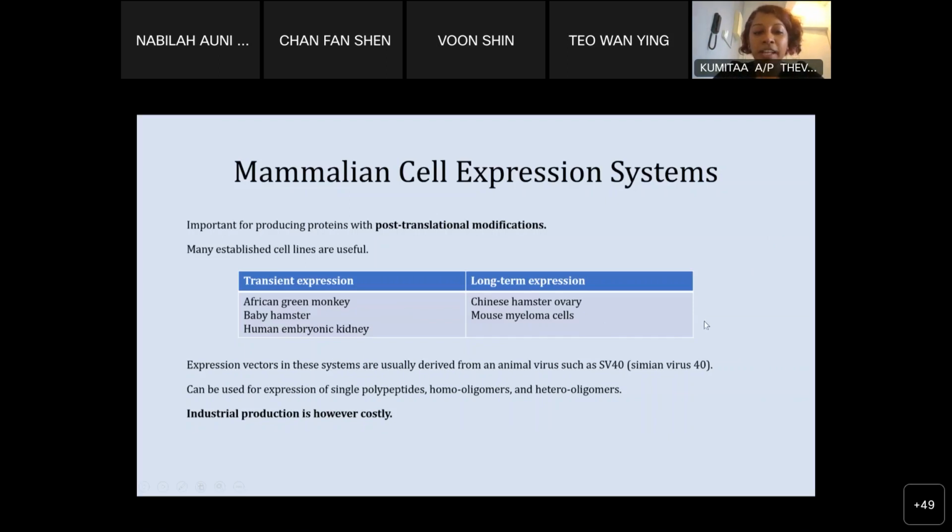The expression vectors in these systems are derived from animal virus, such as SV40, and can be used for expression of single polypeptide, homo-oligomers, or heterooligomers. But mammalian cell expression systems can be pretty pricey.